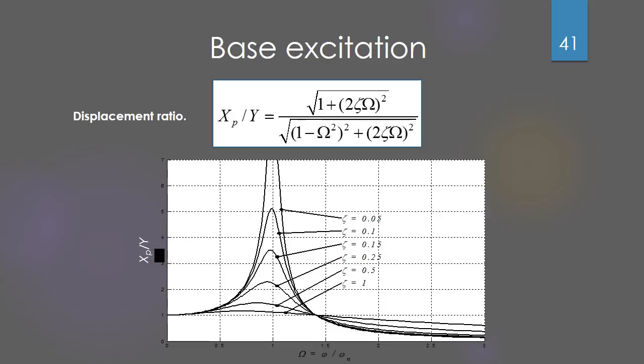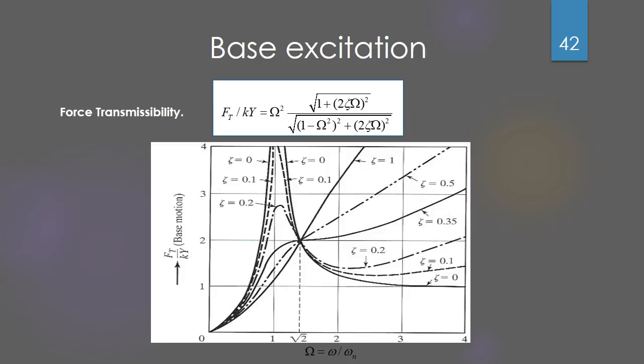Before the frequency ratio of the square root of 2, we need to lower the displacement ratio by increasing the damping ratio zeta, and we can do that by changing the masses or the damping coefficient of the system. After the frequency ratio of the square root of 2, the displacement ratio will always be less than 1.